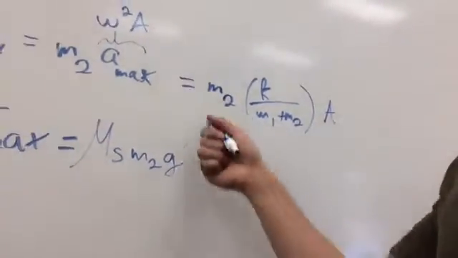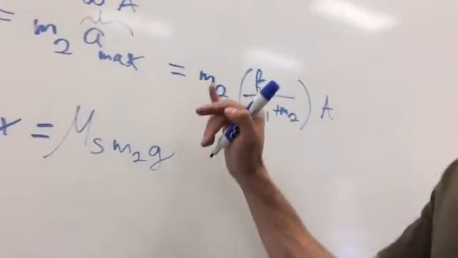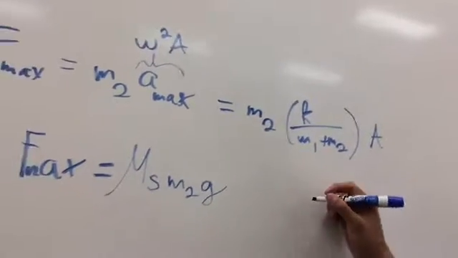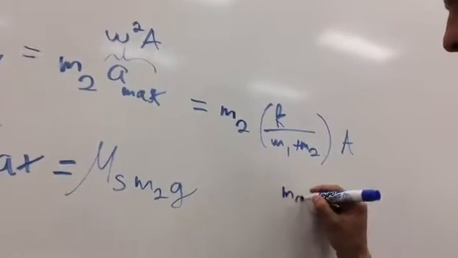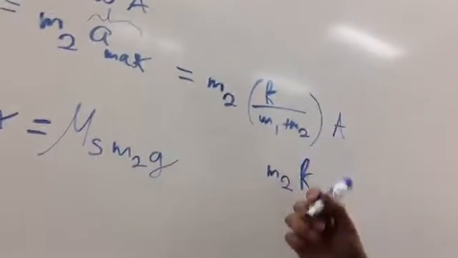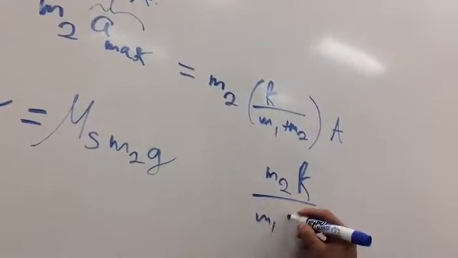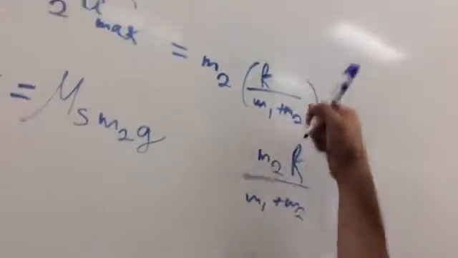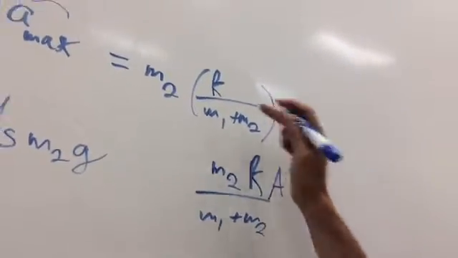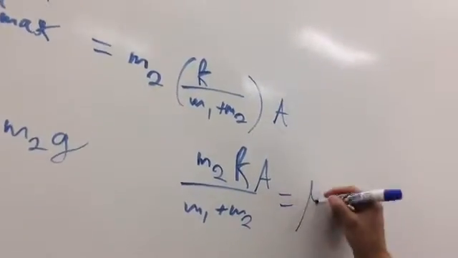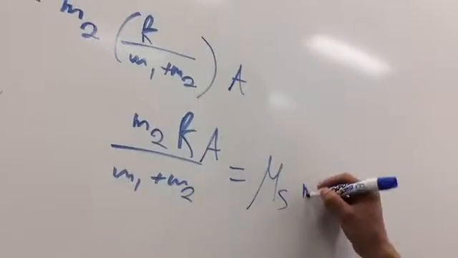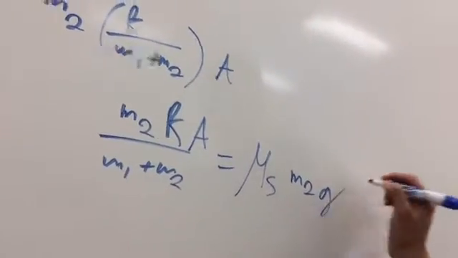Once we have these two equations, we can put them together and set that mass 2 times the constant over mass 1 plus mass 2, times the amplitude, will be equal to mu s times mass 2 times the gravity.